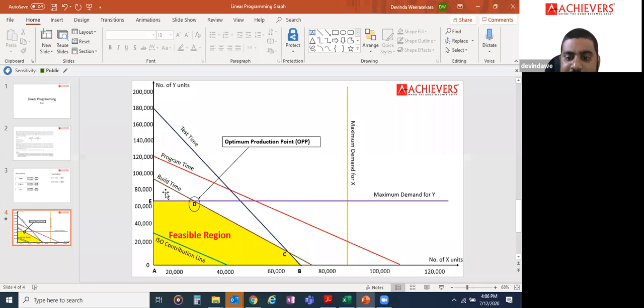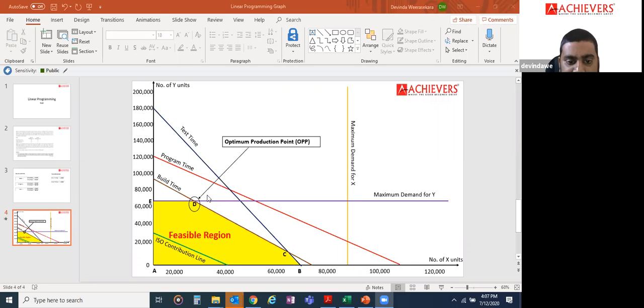So in this case, out of the two constraints that are intersecting, one is a resource constraint, the other is a demand constraint, isn't it? So at the optimum production point, there is one demand constraint and one resource constraint intersecting. Clear? Now see, guys, there can be two types of situations. The first situation is what you have faced now.